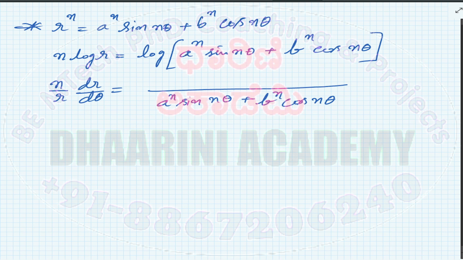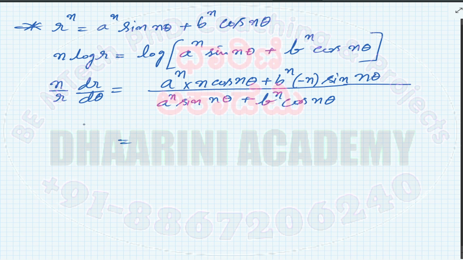So what is that? That is a to the n is a constant into sine n theta will be, sine becomes cos, so this is n cos n theta, plus b to the n as it is, cos n theta differentiation is minus n into sine of n theta.